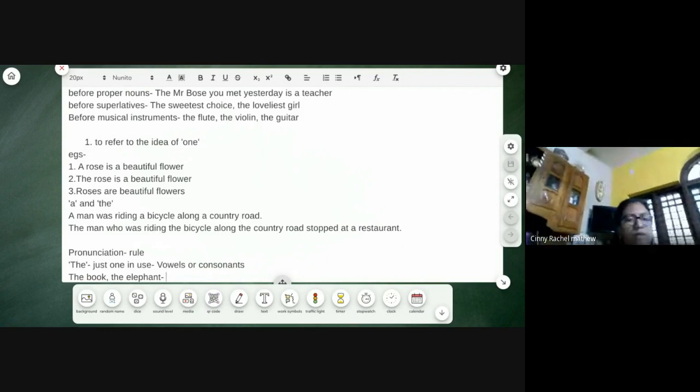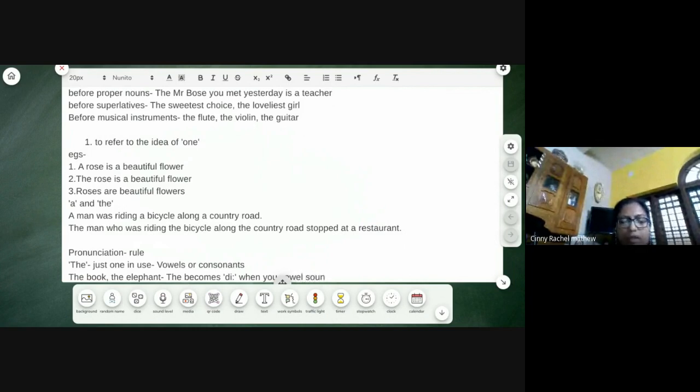So the becomes the when you have a vowel sound coming after it. So it is the elephant.